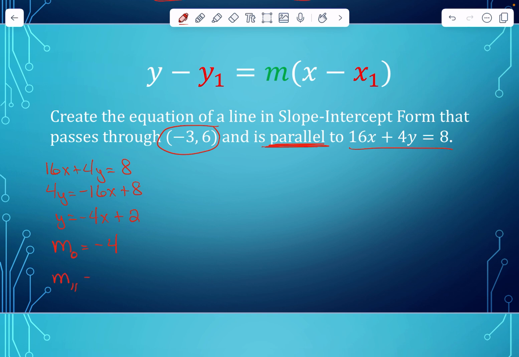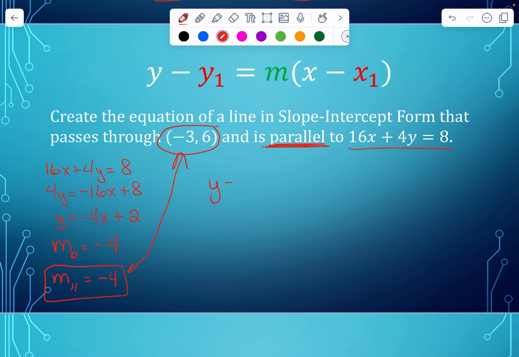Now I look, I want the parallel. Remember, the parallel slope is the exact same. So I take the new point and my slope now, and I plug them in. So this is going to go y minus the y value from my point, which is 6, equals the slope, -4, times x, minus the -3, which is going to turn that to a +3.